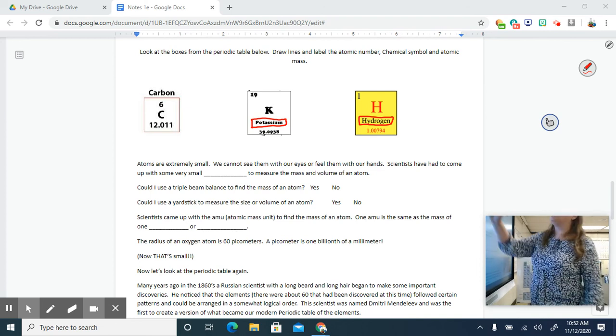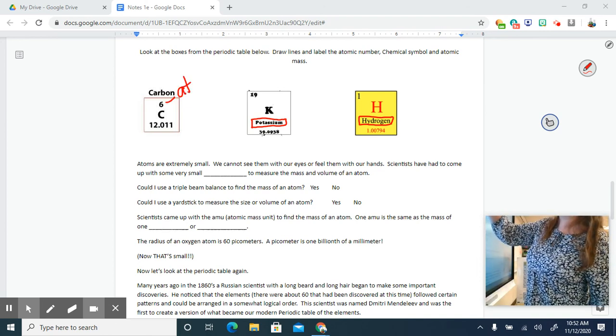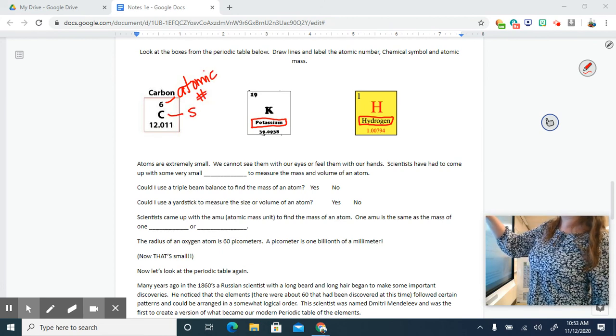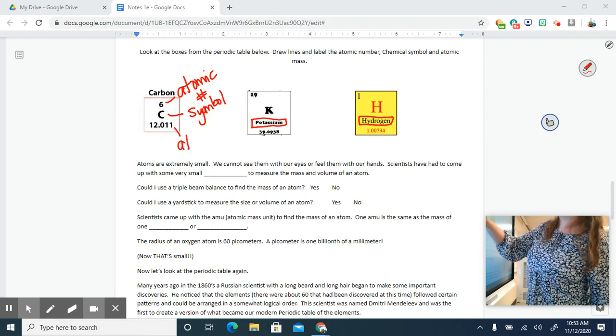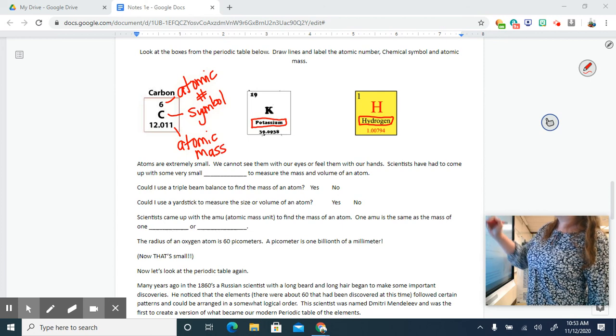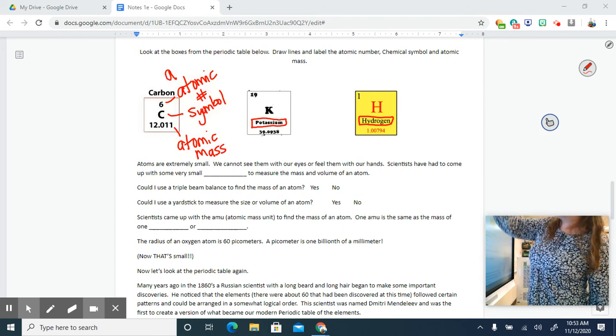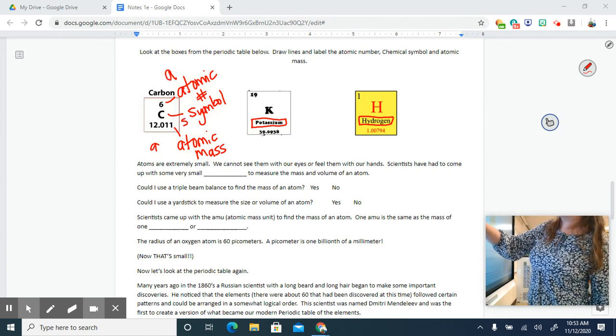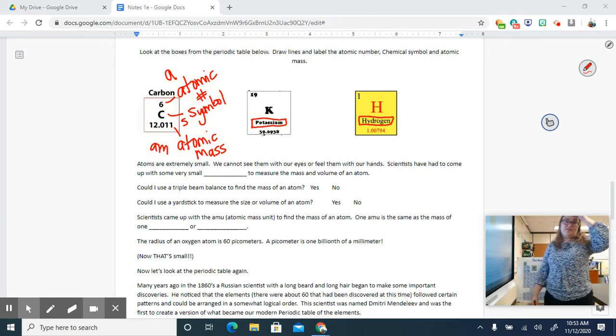What's required? Well, you've got to have the atomic number. You got to have the symbol, and you got to have the atomic mass. All right, so I want you to label the other two, and you can use A, S, and AM so that you don't have to write all of that out. But pause, label the other two, or at least be able to identify them, and then check back.